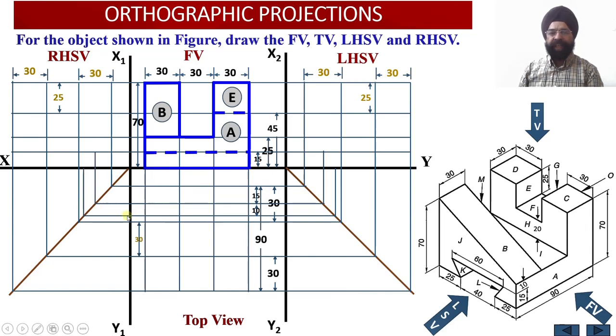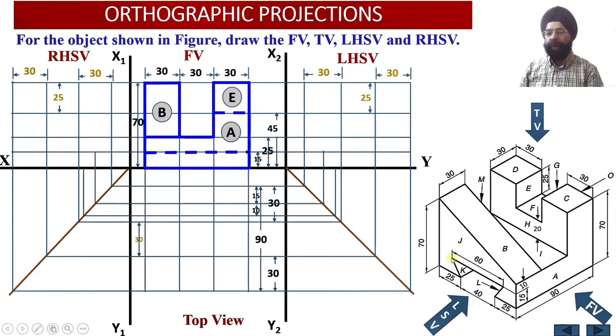Similarly, as I move to the left hand side view, this is my distance of 25 millimeter from the rear face, and then as I project this projection line onto the left hand side view, I am going to project it only up to the base because I have represented this bottom point of this angular slot.